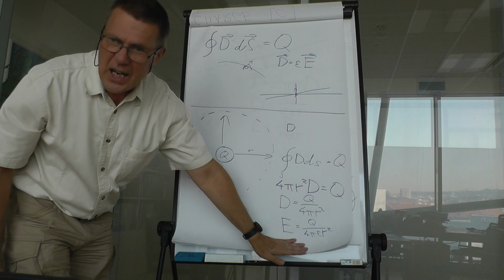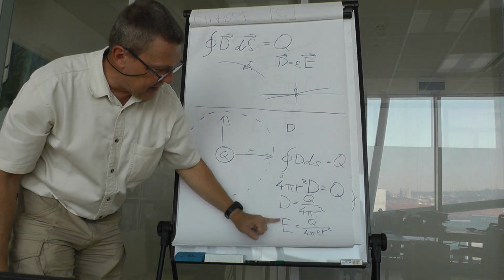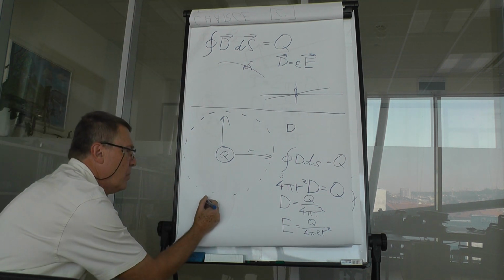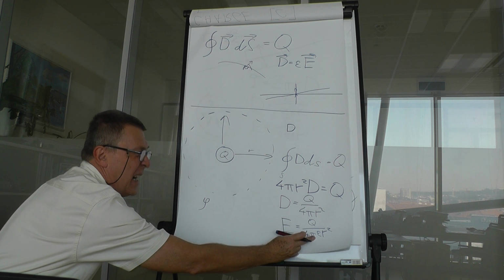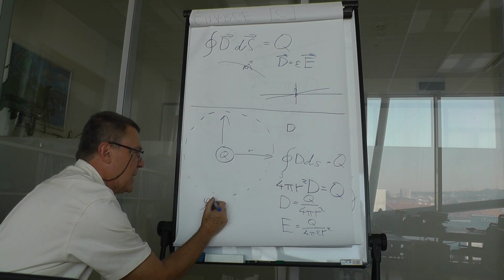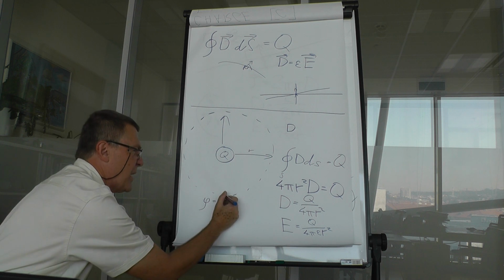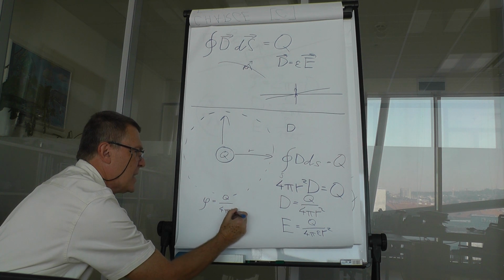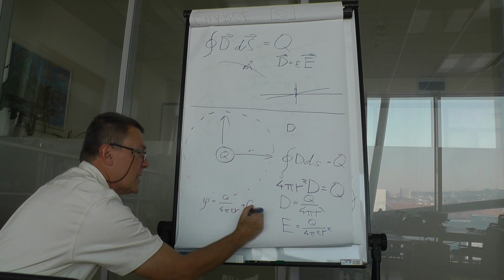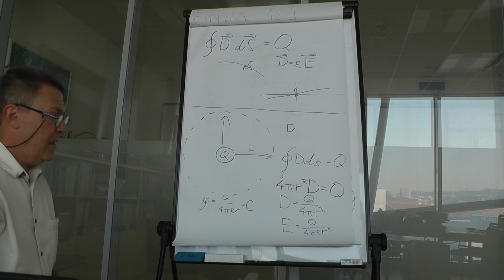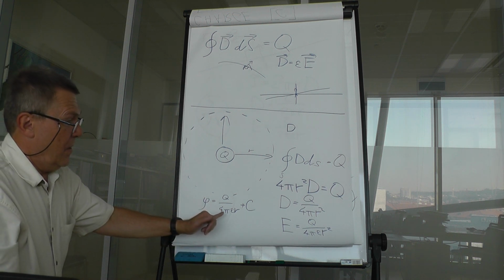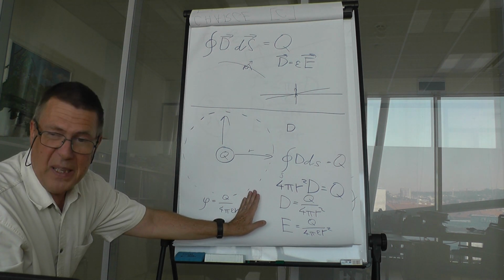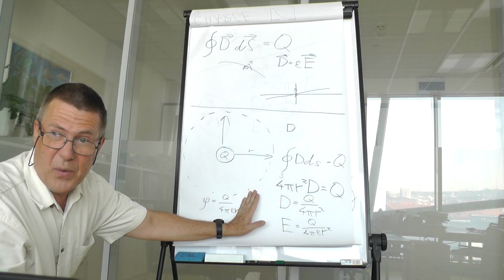So we had the charged ball. This is the flux density, this is electric field strength, and we can add potential by integrating this against R. We would get a potential with this closed form expression, Q over 4 pi epsilon R plus a constant C. If you want to simplify this equation, the simplest case would be to have C equivalent to 0.